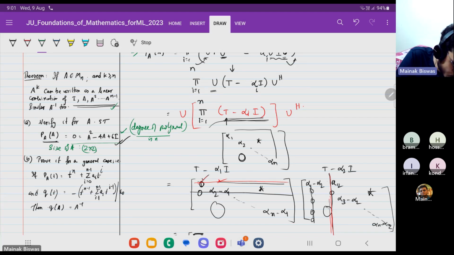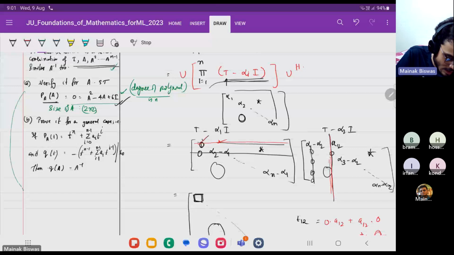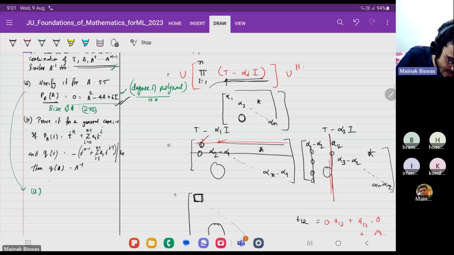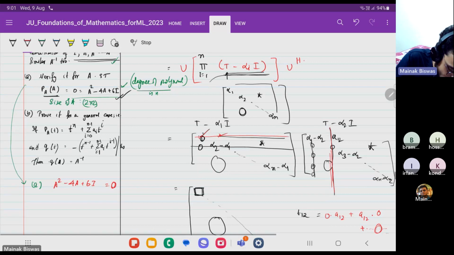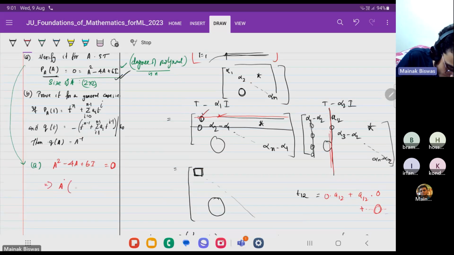So now how will you, this was your staple equation, at least in ISC, this was given every year. A square minus 4A plus 6I is equal to 0, right? So I just want you to warm up with this. So what will you get? A into A minus 4I will be equal to minus 6I, right?